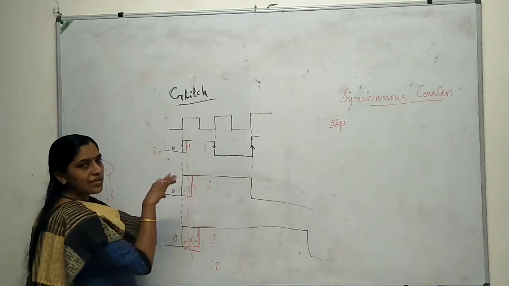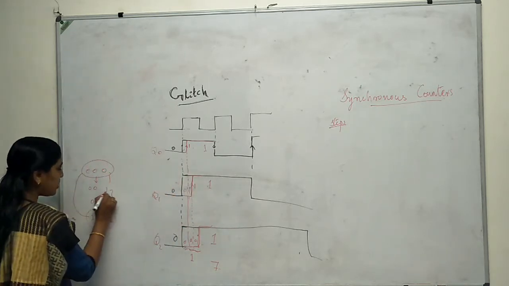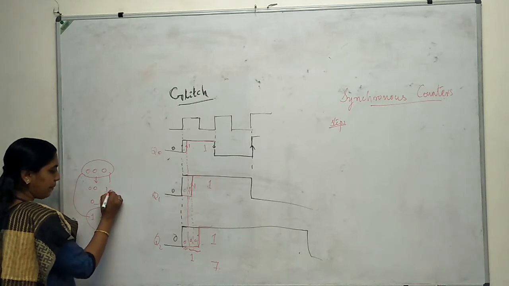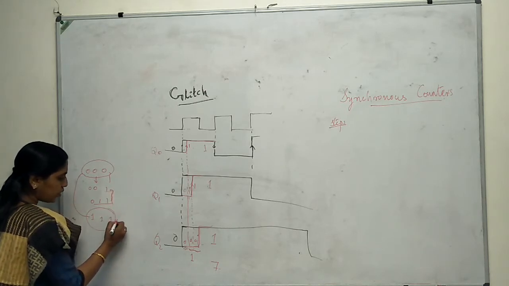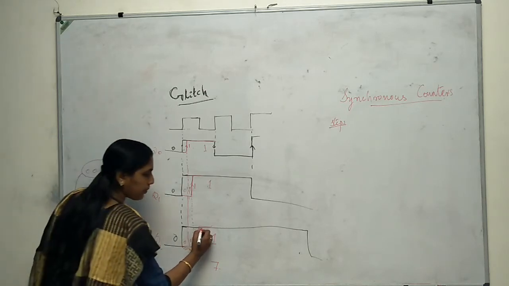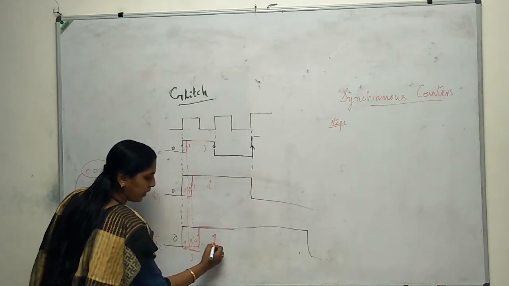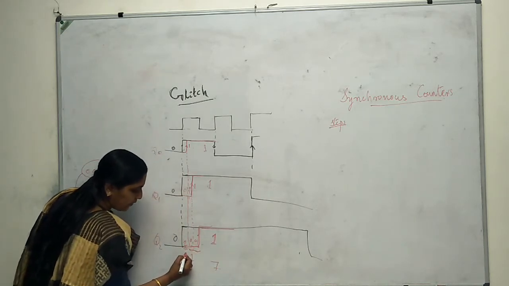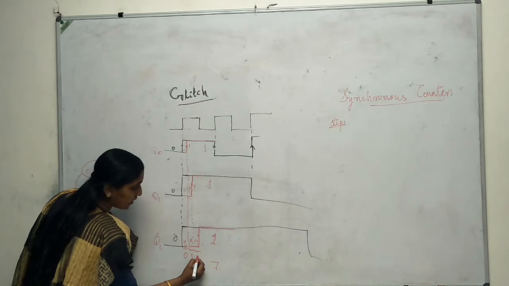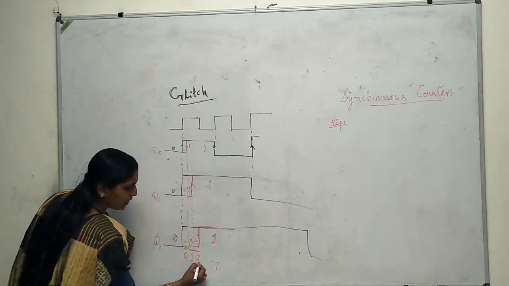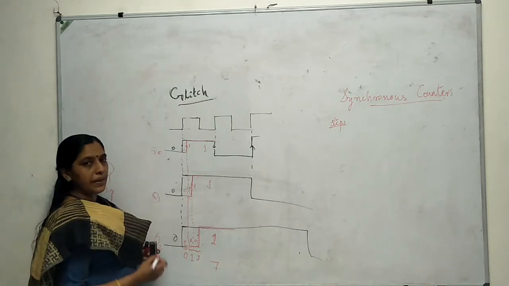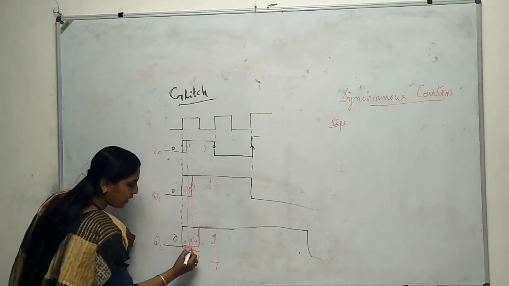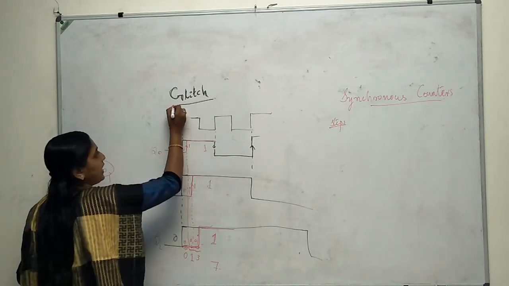So it goes through 001, then 011, and only after that does it come to 111. For the maximum duration it will be at state 1, but for this much duration it will be at 0, and this will be at 3, then after that only 7 comes. This particular problem is known as a glitch.